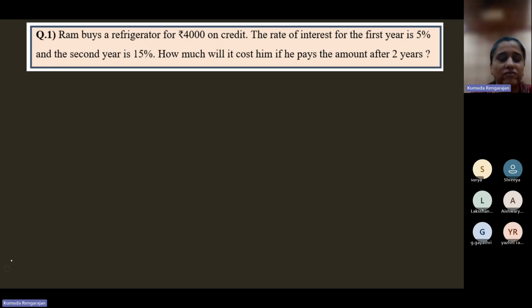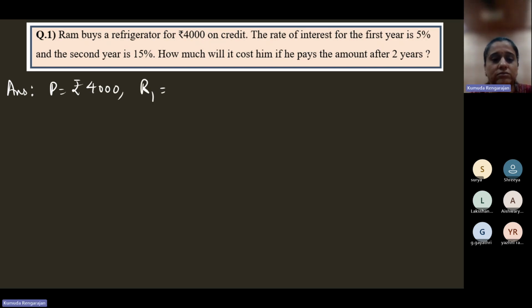For this, when we have different rates for different years, we have a formula, children. So P is equal to 4,000, the principal is rupees 4,000.